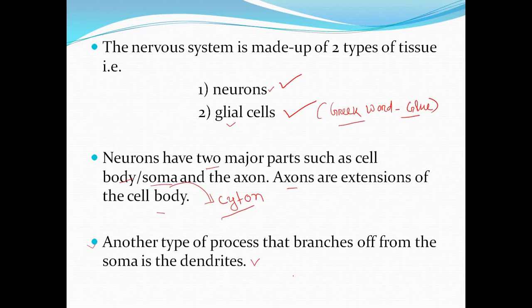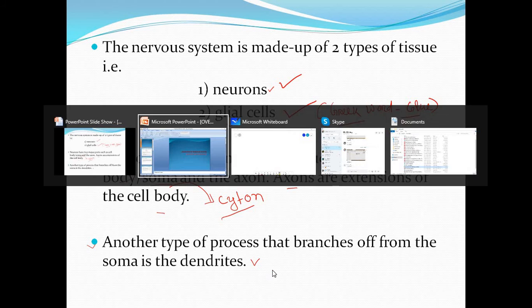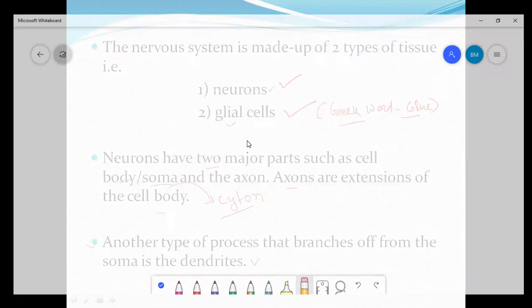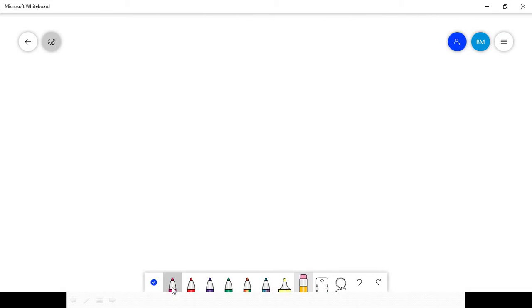Okay, so I'm going to draw the picture of neuron. I told you there are two types of cells.